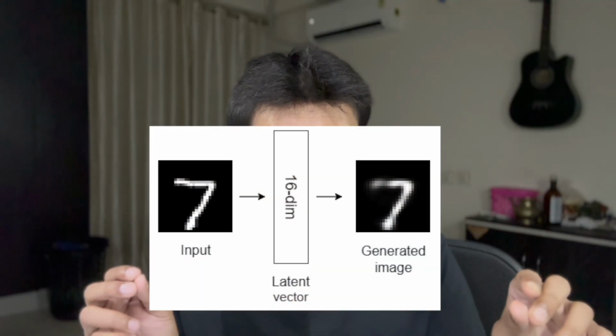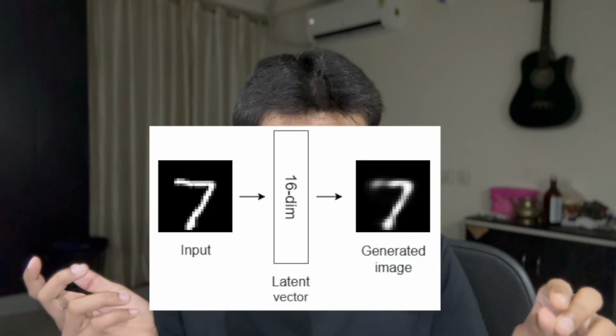Suppose we want to generate the number 7, it will generate one as close as possible to the original one it has seen in the training images. The VAE actually learns this by predicting and learning the probability distribution. In the loss function, it uses the reconstruction loss and the KL divergence, which we're going to look at when we implement this. So that's exactly what the VAE is, and I hope you understood. Let's go and implement it.